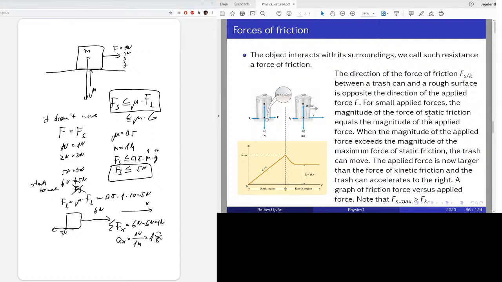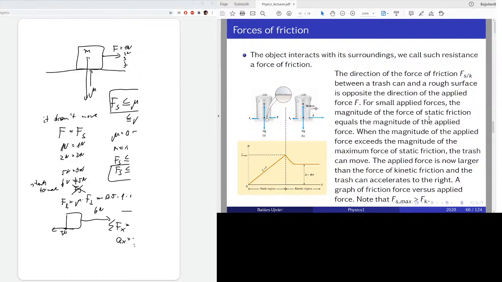So the static friction can be anything which is the external force, with the upper limitation. And if the external force reaches this upper limitation, the body starts to move.